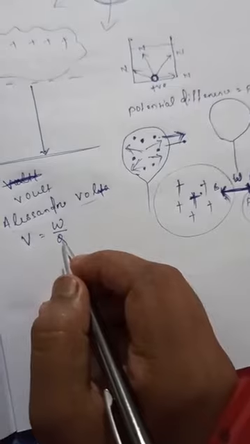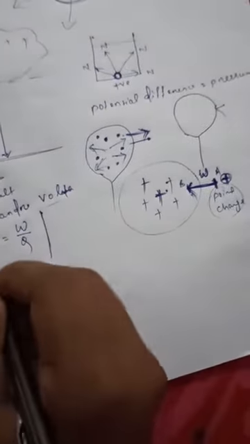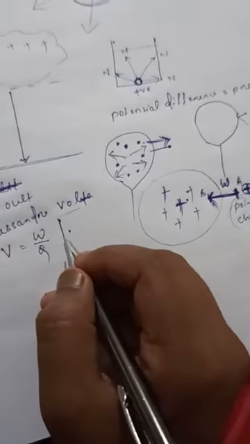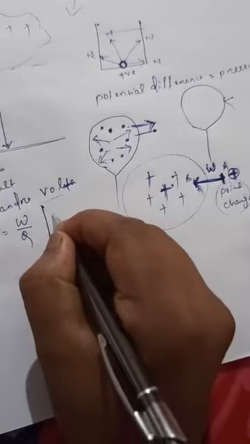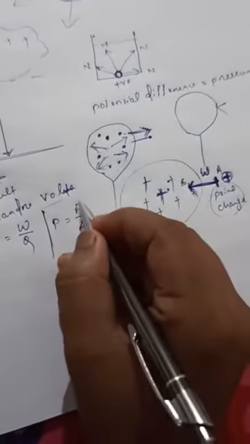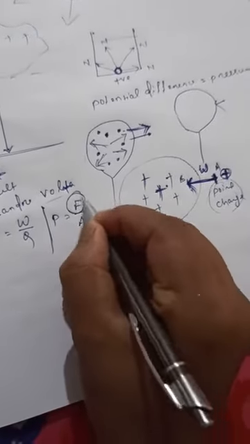Why am I dividing this? If you compare this with the mathematical expression of pressure, you can relate it. Pressure was P equal to F by A, because it is the amount of force exerted per unit area.